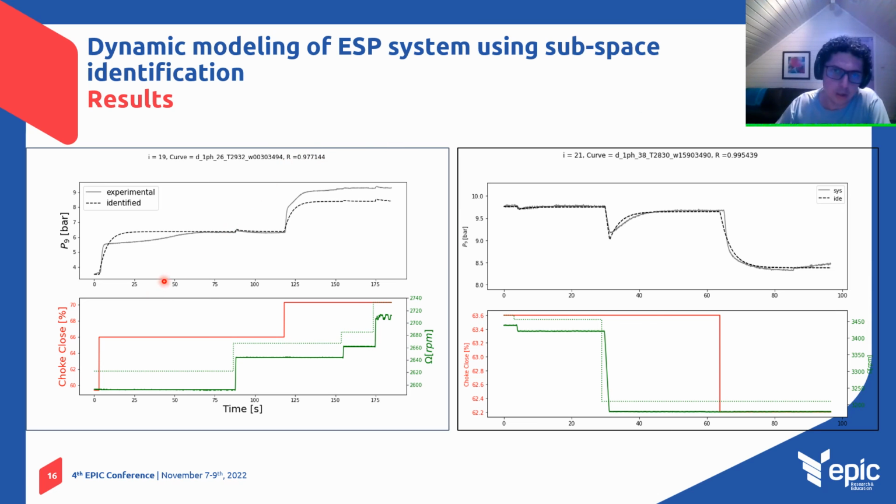In the figure on the left, the system has a behavior similar to the operational performance, although with some small variations here and here. On the other hand, in the system on the right, the behavior of the system fits the experimental data more precisely.